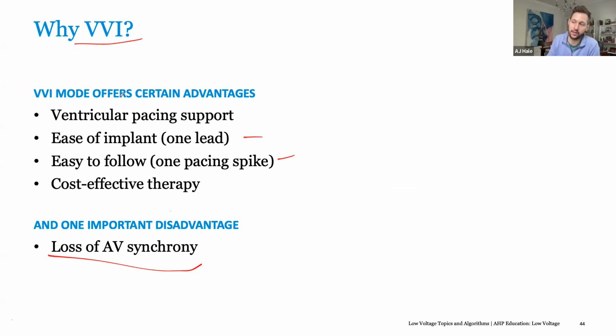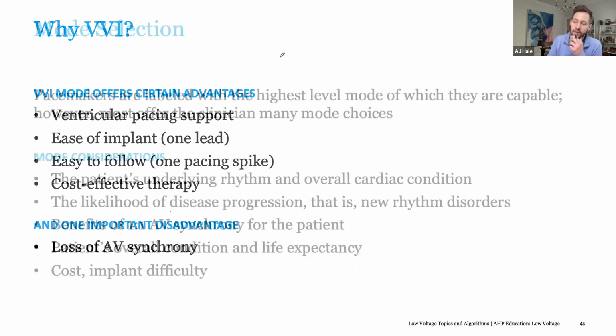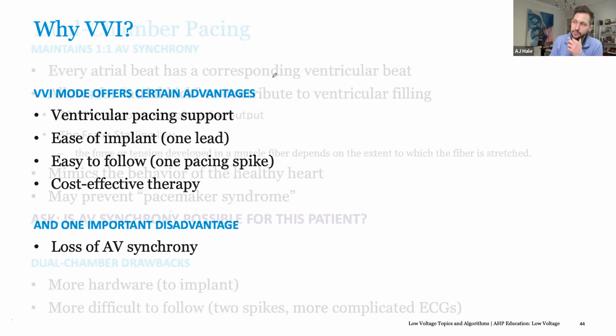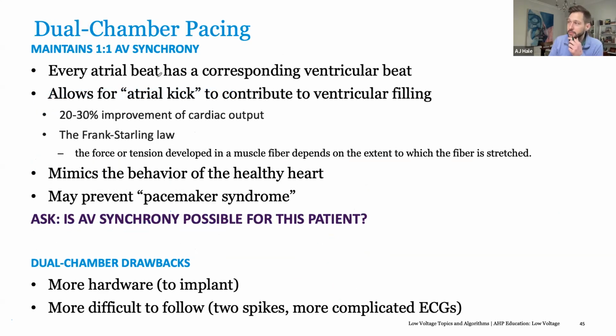Then we could do a VVI device, but you do run the risk of having pacemaker syndrome, where you're pacing the ventricle and you have blood backflowing into the atrium due to loss of atrial synchrony. So you'll end up with people feeling pulsations in their throat, or they'll feel kind of sick or not ideal. That's a reason why we may want to avoid putting a VVI device in someone with a healthy atrium.